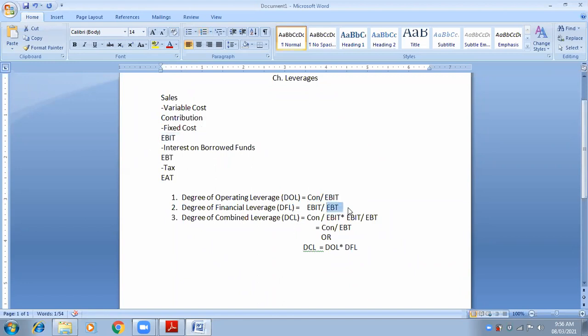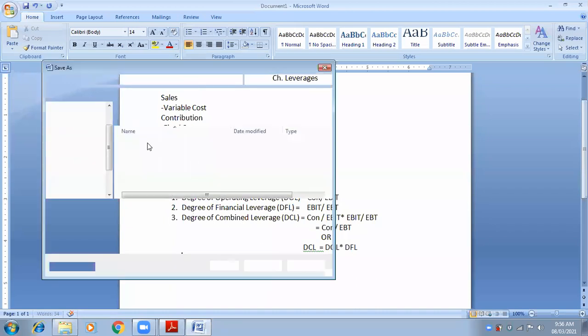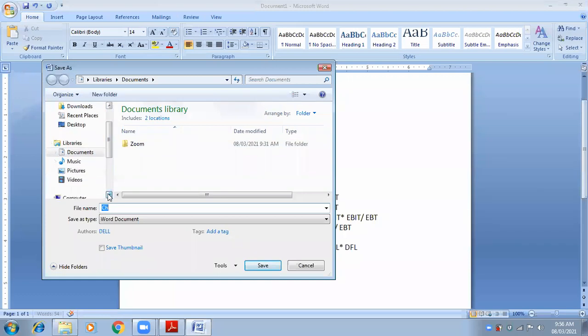Because we need EBT, EBT will be there in this format. So everything will be there in this format. Have you got how we need to calculate? Any doubt? No, ma'am, no doubt. Okay. So we will continue after a short break of 5 minutes.